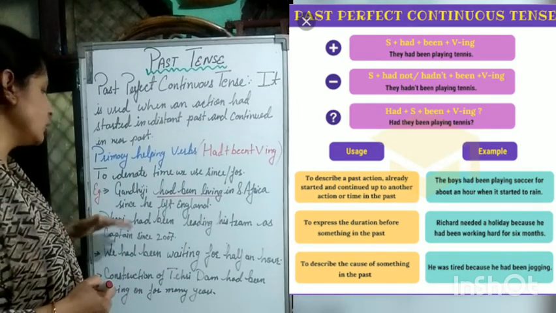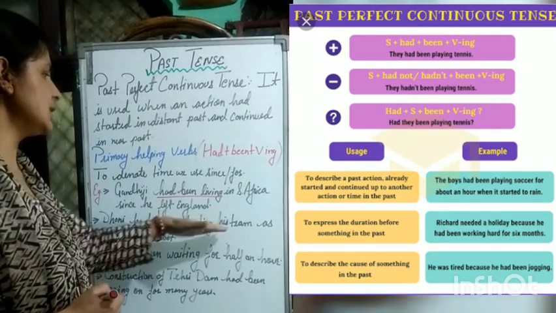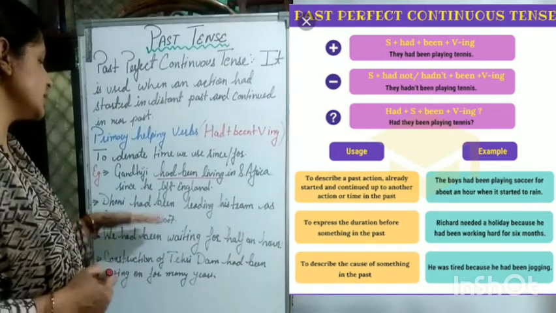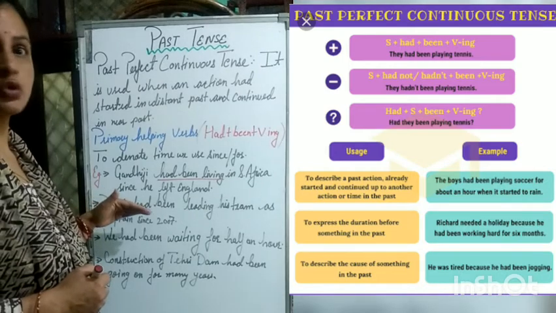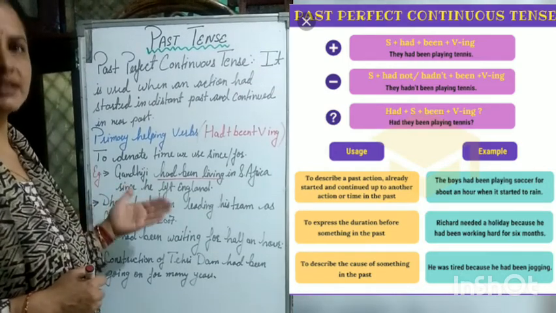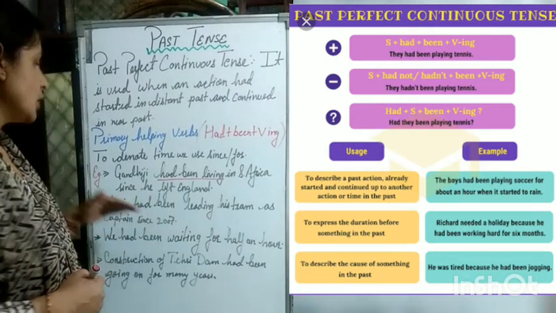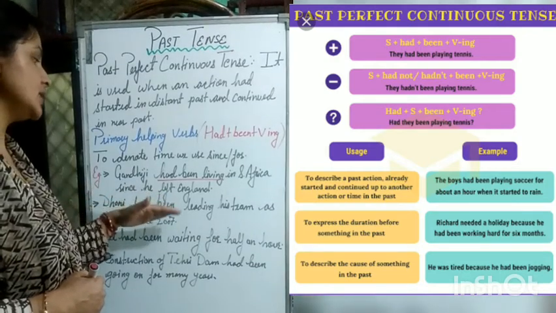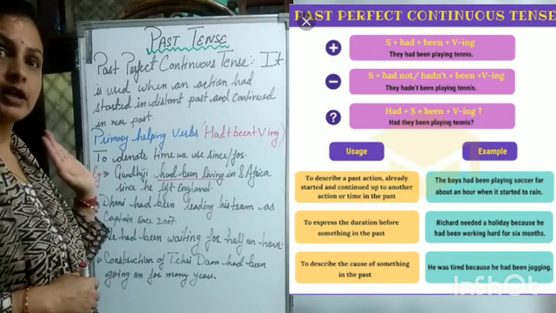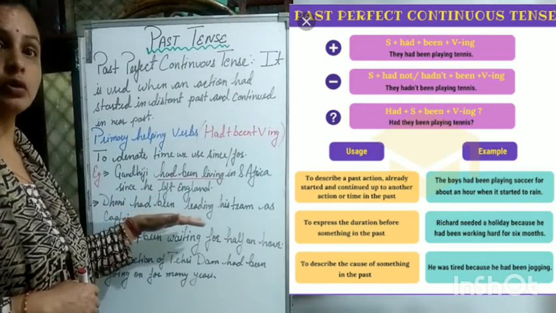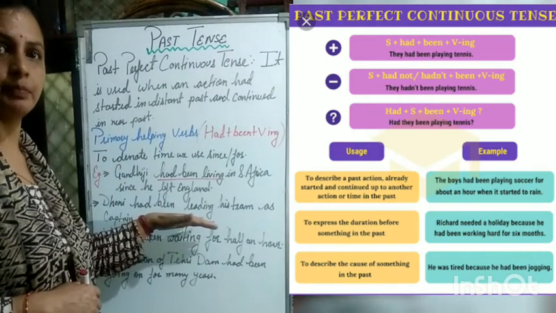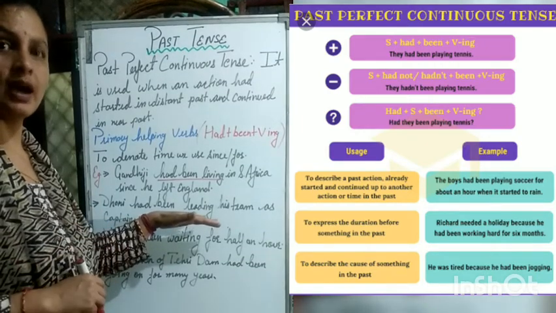Now next, Dhoni had been leading his team as captain since 2007. Now here we have to show a progressive verb. So Dhoni had been leading. Had been shows that the action has started in the past, but again we have shown progress also by using the main verb with ing.